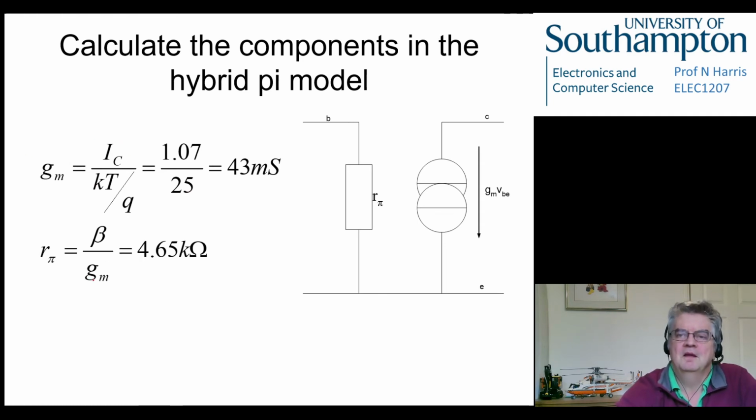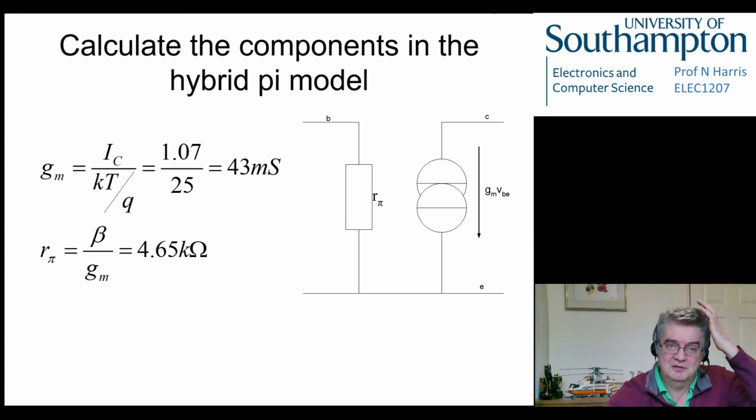The definition of R pi is beta over GM. We've just calculated GM, it's 43 millisiemens. We know beta is 200, and so we can calculate the equivalent input impedance as 4.65 kilo ohms. So now we know what this is and we know what GM is. We've got everything that was undefined about this model now defined for our particular set of conditions.